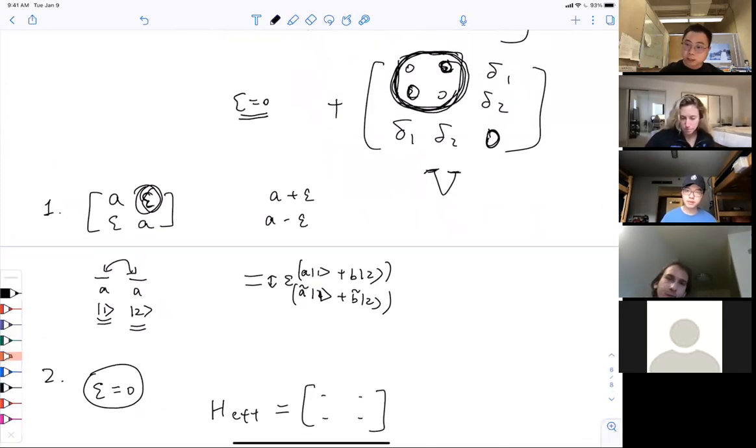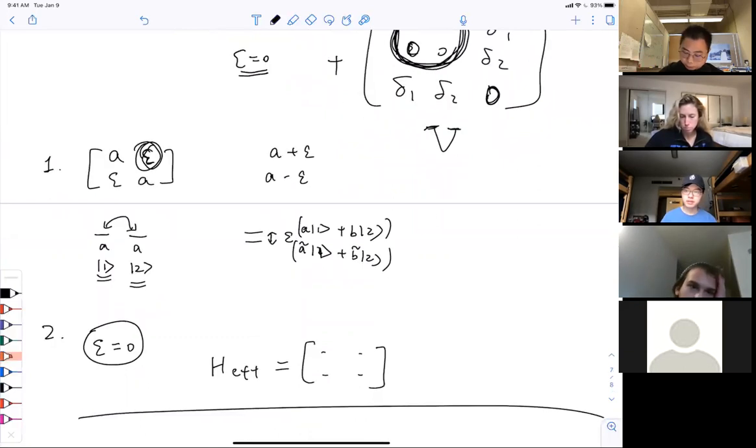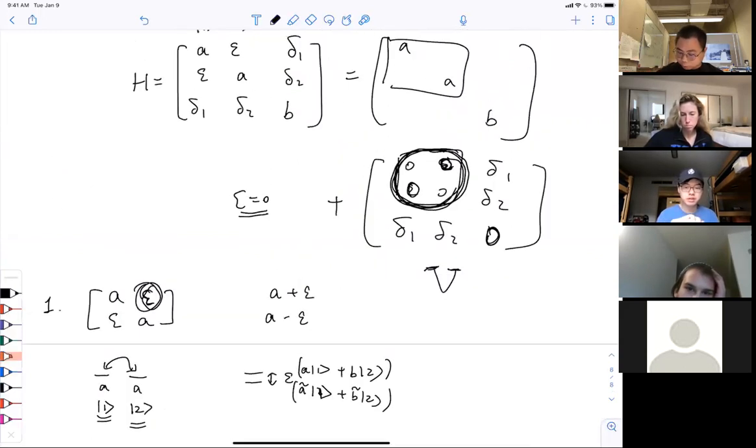That will give you the wrong answer because that assumes there's no degeneracy. What we need to do is use this kind of approach. This would generally give us a non-zero result. At second order, if delta 1 and delta 2 are non-zero, this would generally remove the degeneracy.